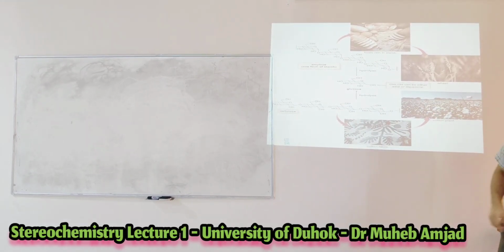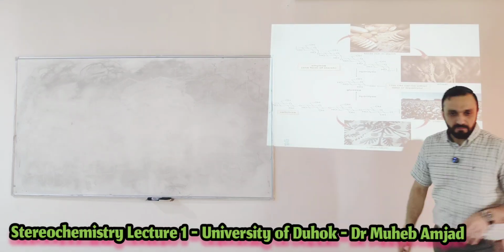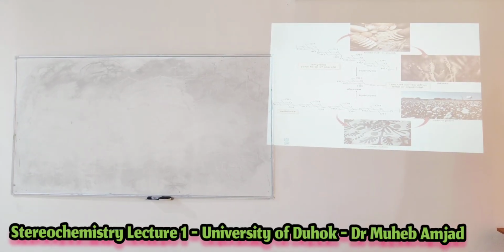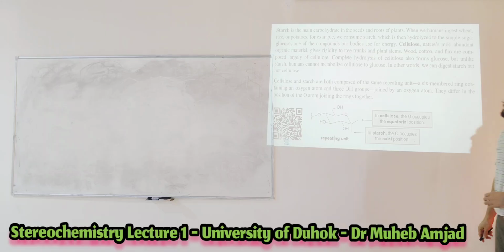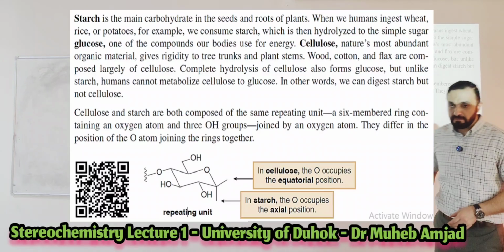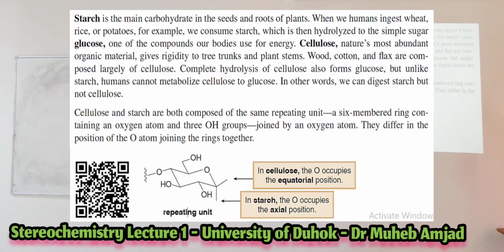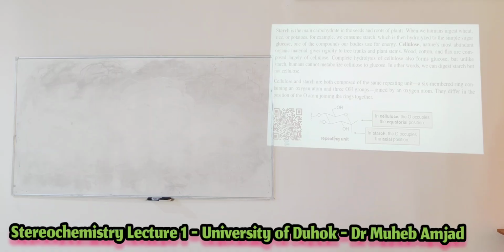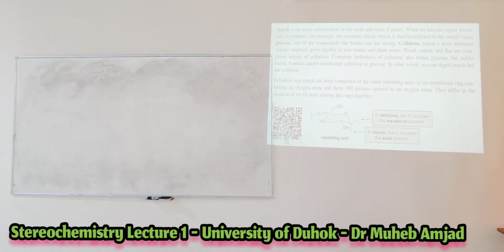Both are polymers of the same glucose monomer. The starch is the main carbohydrate in seeds and roots of plants.